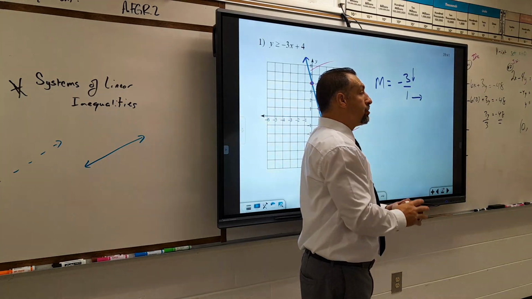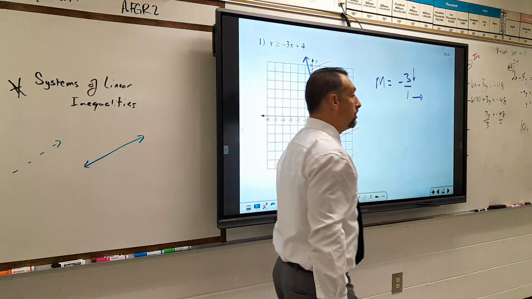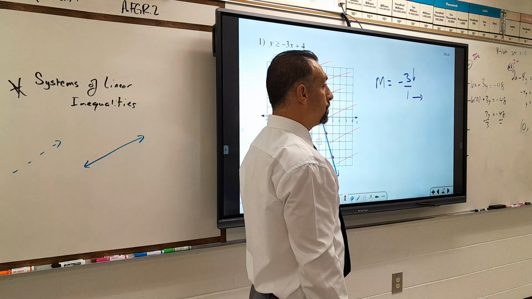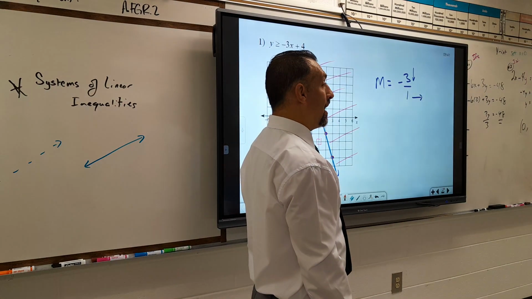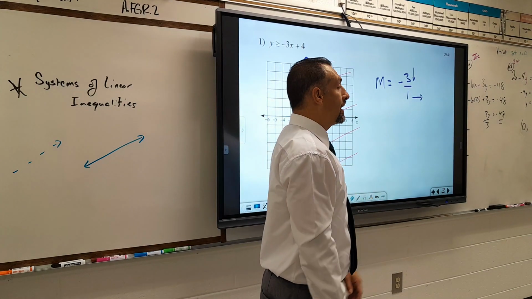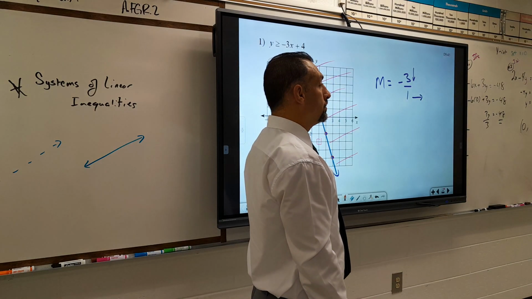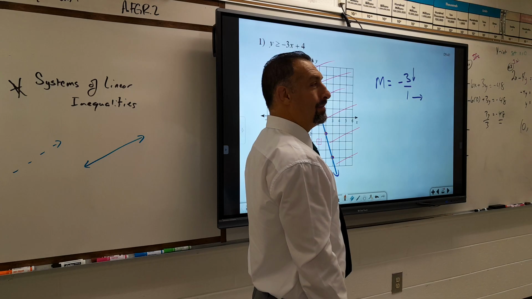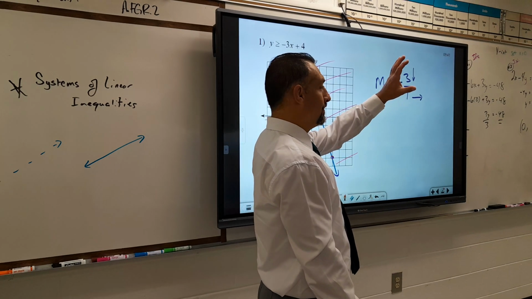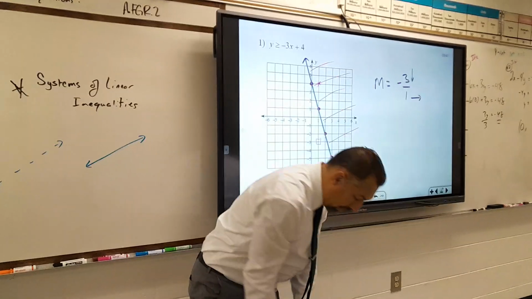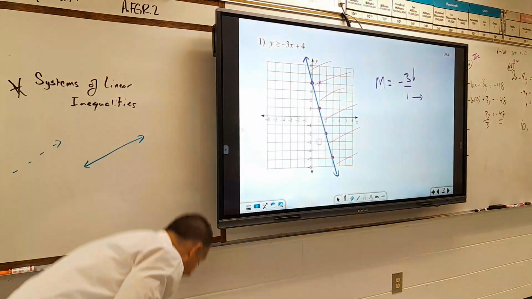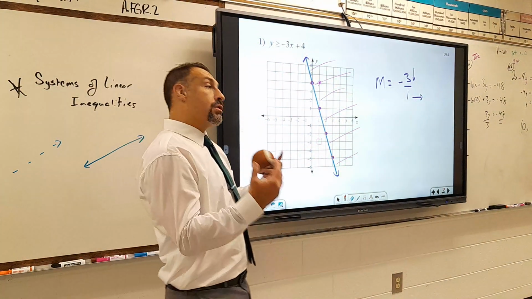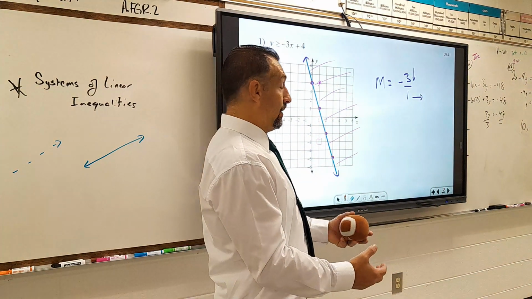Why is the line trending downward? Why is the line trending downward from left to right? Why is it going like that? Because the slope is negative. It's not the 3, it's the fact that 3 is negative.